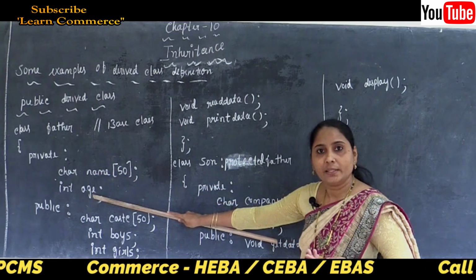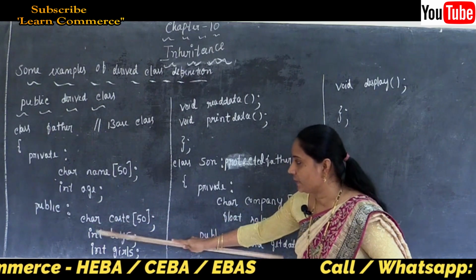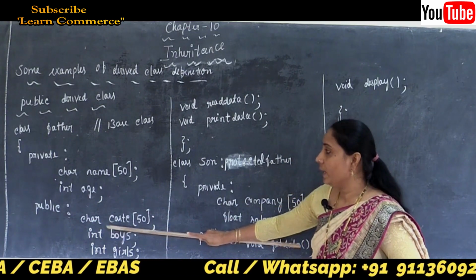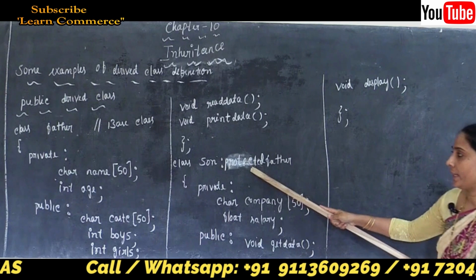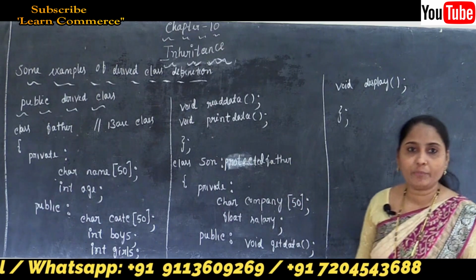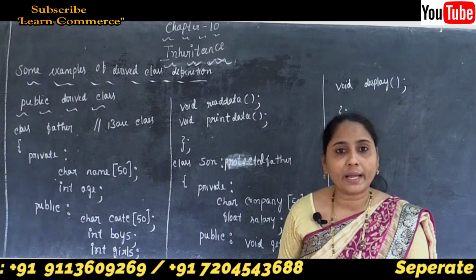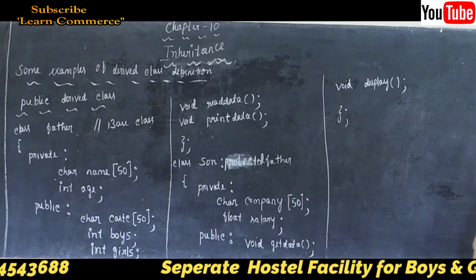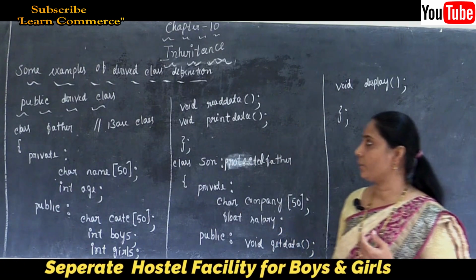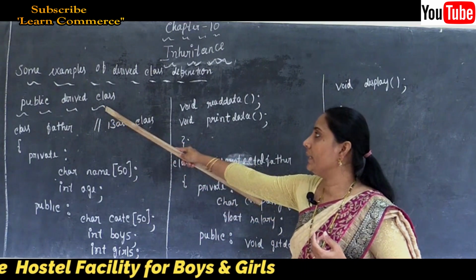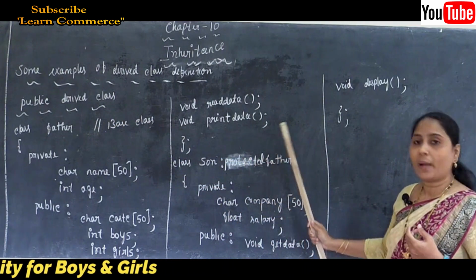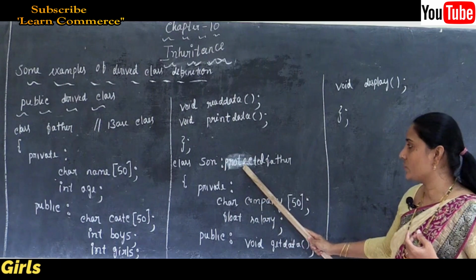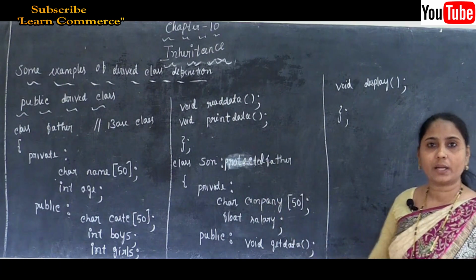Clear this point? The name and age, it is not going to access the data of the public side in our protected case, why? Because we know that private is also called protected. Okay, so this is an example of our derived class definition by using a public derived class, a private derived class, and also a protected derived class. Thank you.